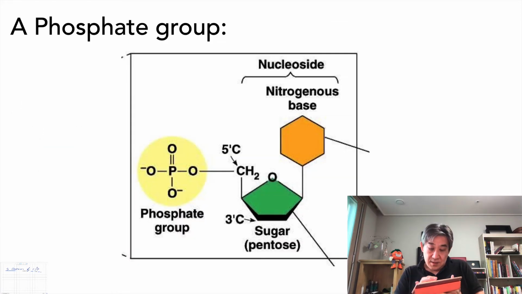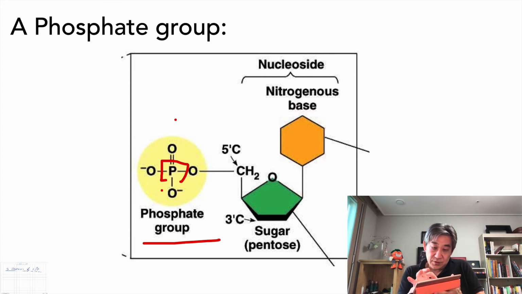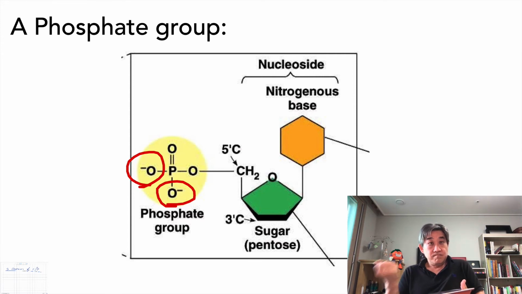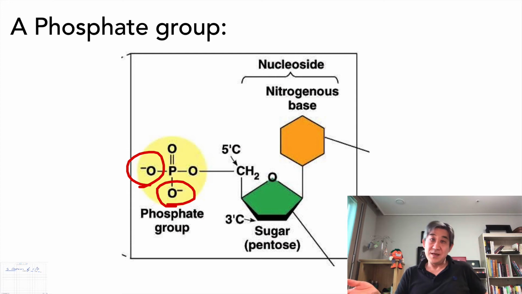And the last part is taken by this phosphate group. Phosphate we have already seen in the case of a phospholipid. So it is phosphorus surrounded by 4 oxygen, and as you can see, the presence of 2 negatively charged oxygen makes each single nucleotide, regardless of actual kind, extremely hydrophilic and strongly negatively charged.